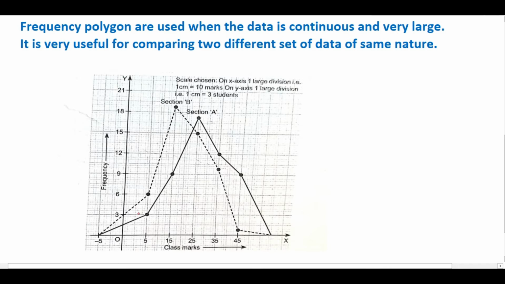I can say that students of section A have scored better than students of section B. From this graph we can see that most of the students in section A have scored good marks, or marks more than 25, whereas most of the students in section B have scored marks which are less than 25. So for comparing, we can use a frequency polygon.